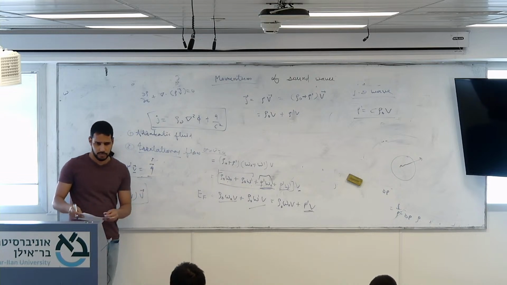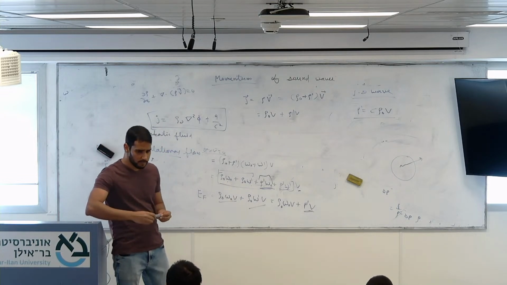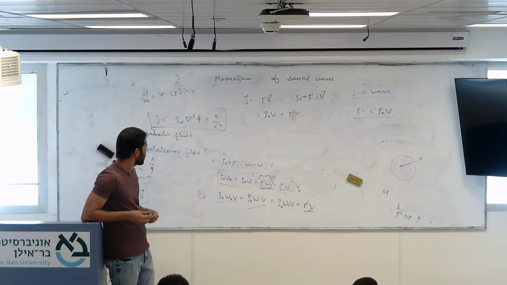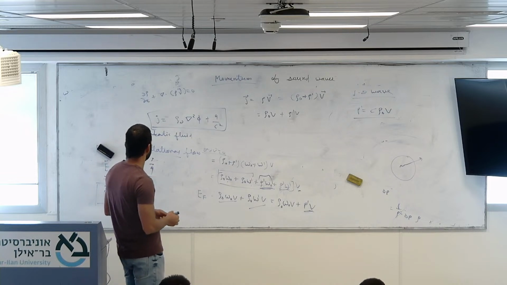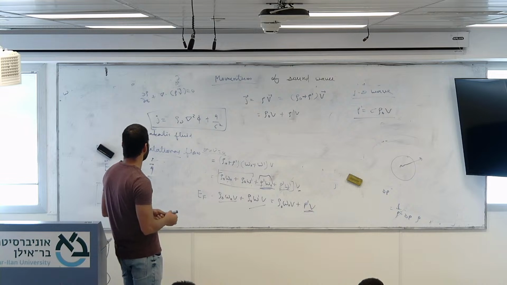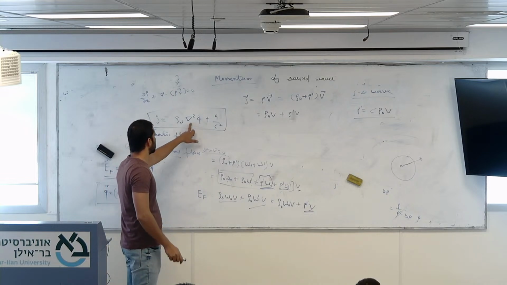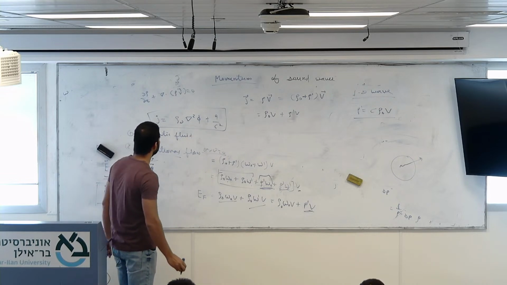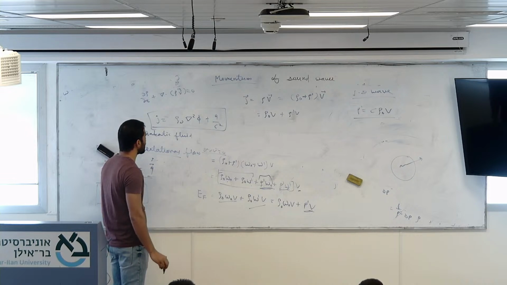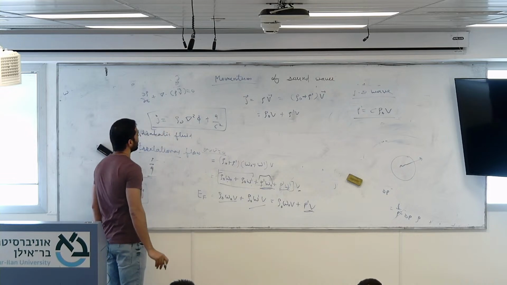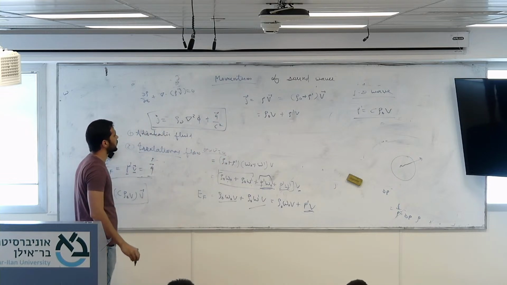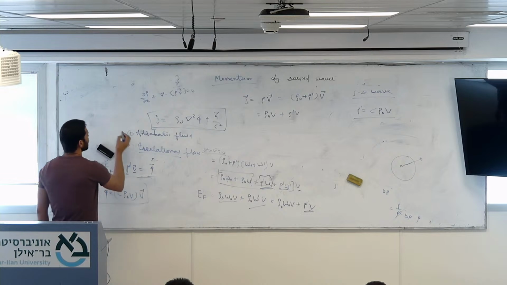It seems that the unit is off. J is a vector and on the right-hand side, the first term is a scalar.